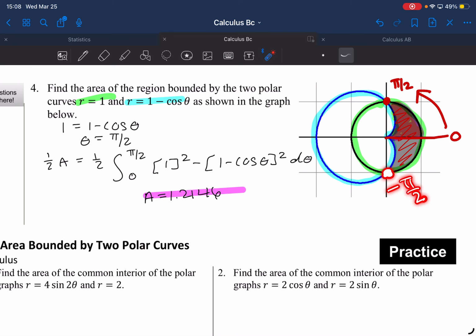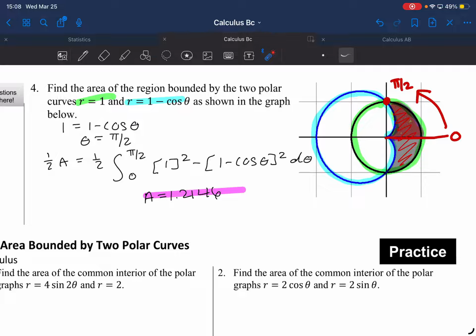You're right, but I'm trying to show something, but yes, that is correct. But negative pi over 2, because it is symmetric. Okay, so if I was to do the integral from negative pi halves to pi halves, what would happen? It would be 0, right? Because I would be saying I have a positive area and a negative area, that would be 0, which is not true. Okay, because we clearly see a shaded region here.